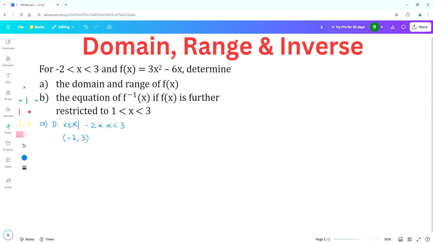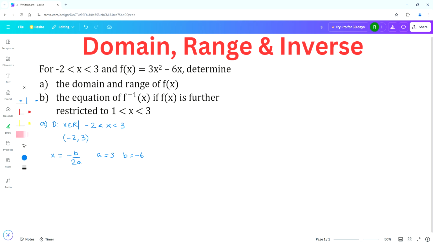The x-coordinate of the vertex can be found using the formula x equals -b over 2a. In the given quadratic function, a is equal to 3, the coefficient of x squared, and b is equal to -6.